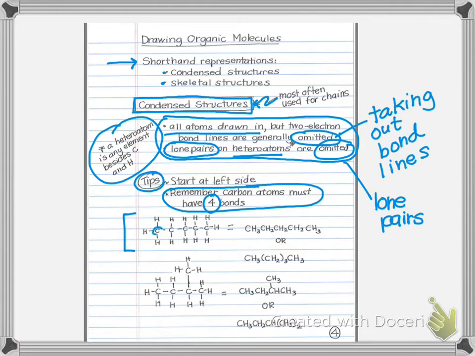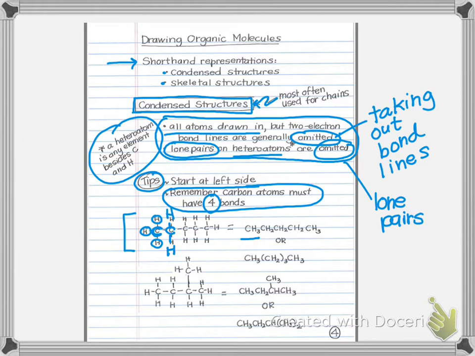So I have a carbon that's right here, and it has 1, 2, 3 hydrogens. So you write a carbon and then an H3. See right here, CH3. Then we go to the second carbon, and it has an H and an H. So you're taking out the bonds.